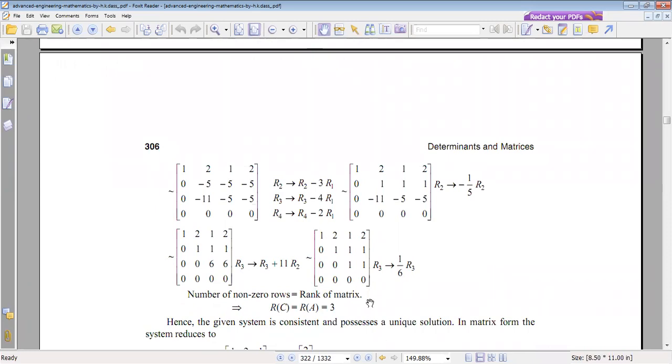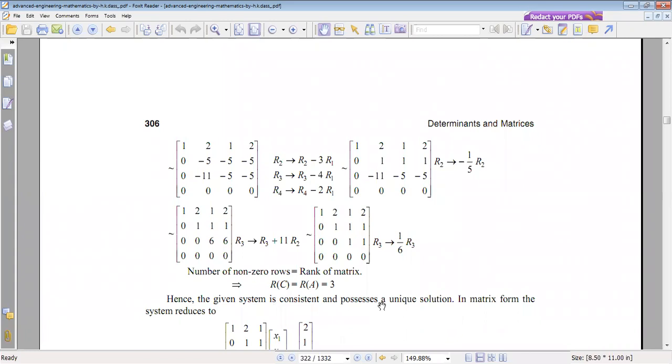The number of unknowns. Therefore, since the rank of the matrix is equal to the rank of the augmented matrix, which is equal to the number of unknowns, the system has a unique solution.